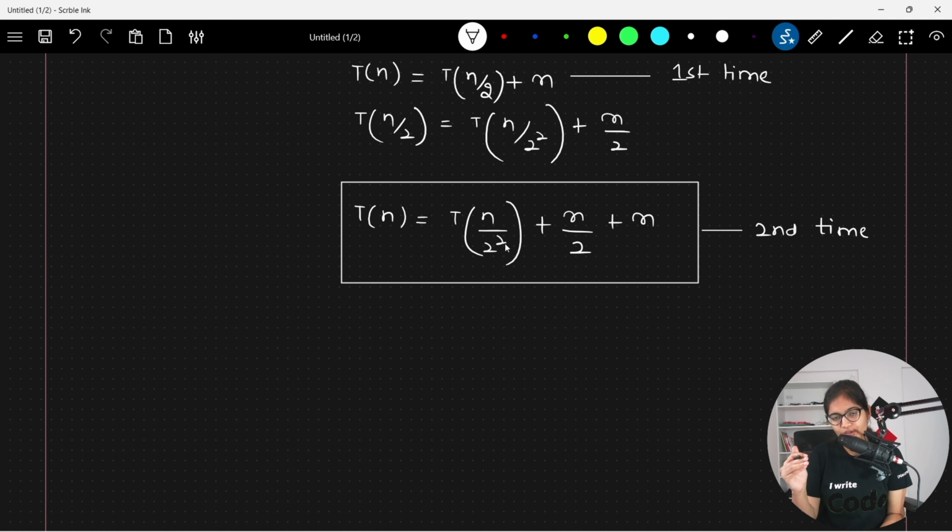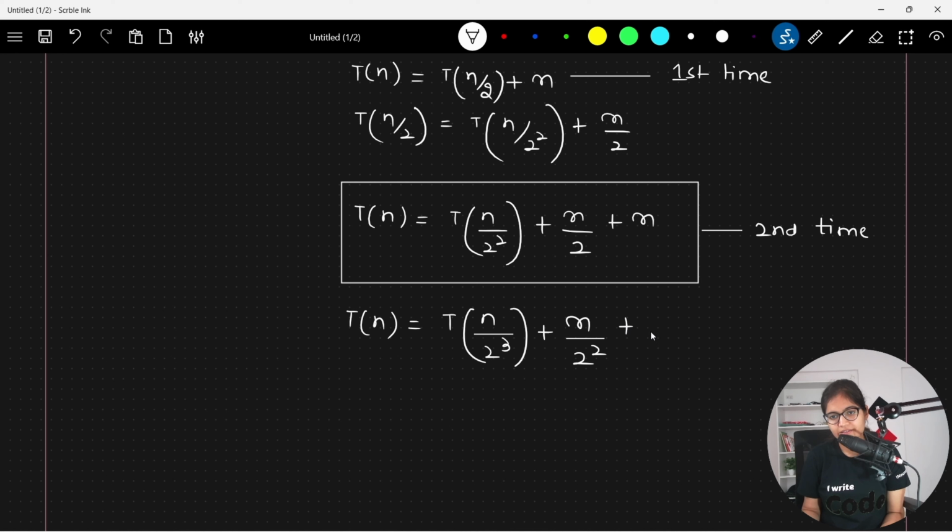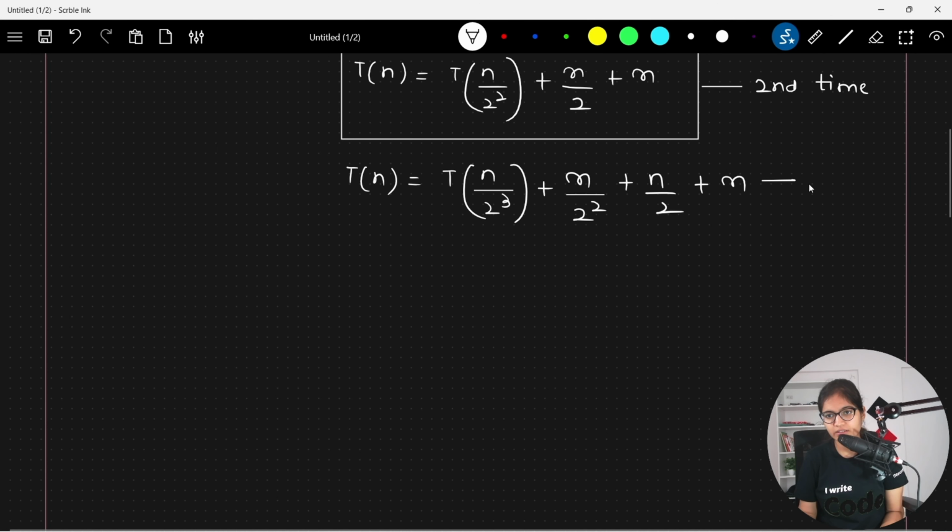Now we need to divide it again by 2 in order to do the substitution. So it is equal to T(n/2^3) + n/2^2 + n/2 + n. This is what we get for the third time.